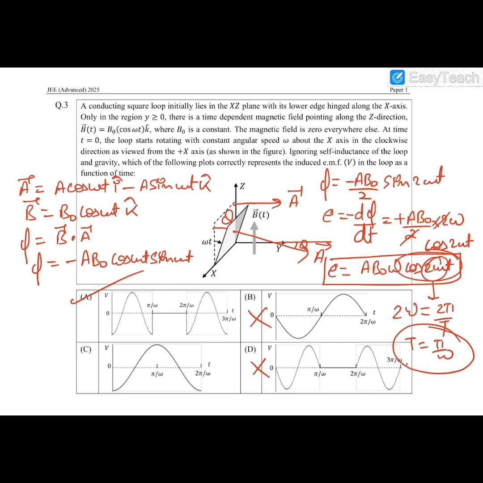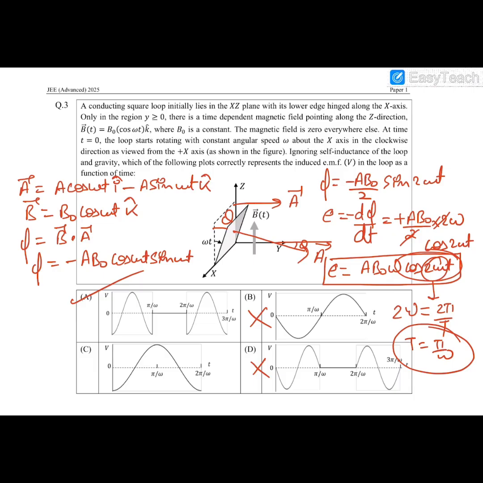But there will be a break in the graph in the middle section, because when this loop completes the half rotation and comes back from the backward direction, or we can say behind the xz plane, in that region behind the xz plane there is no magnetic field.